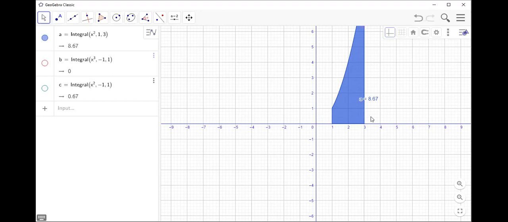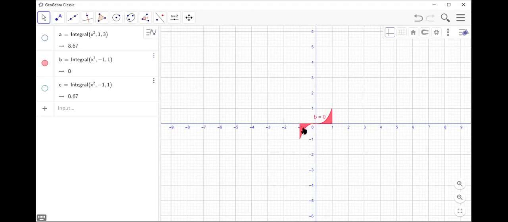Similarly, if I take another curve, f(x) equal to x cube, or y equal to x cube, which is symmetric about the origin, and I have taken the limit from -1 to 1, the integral of x cube should be 0, because the value of the integral should be 0, right?